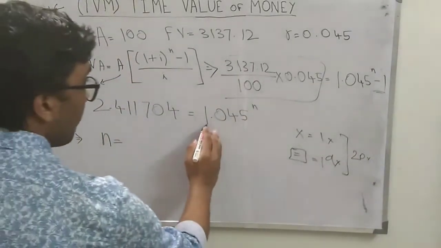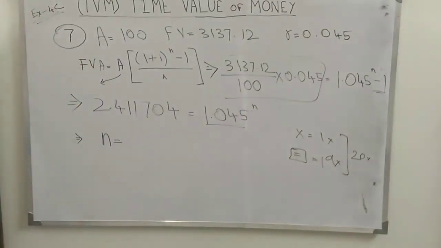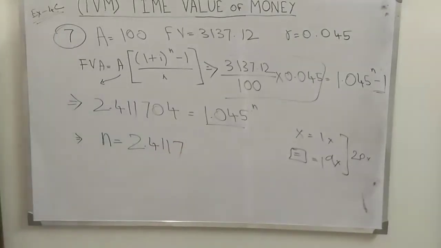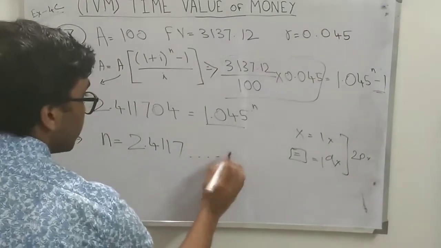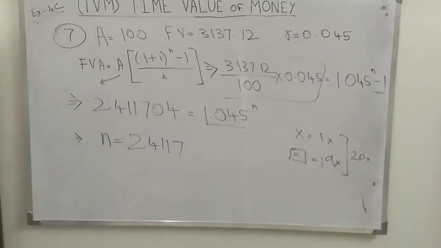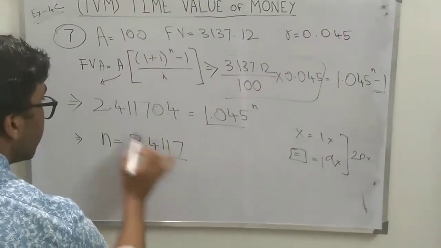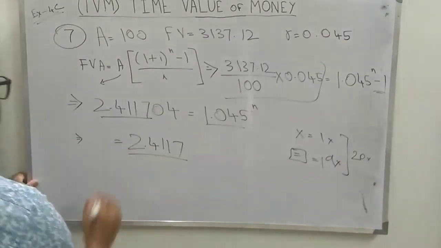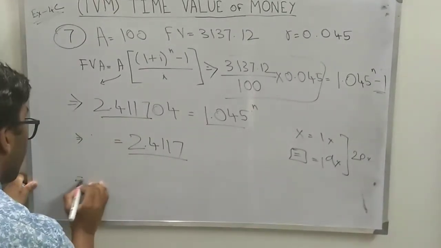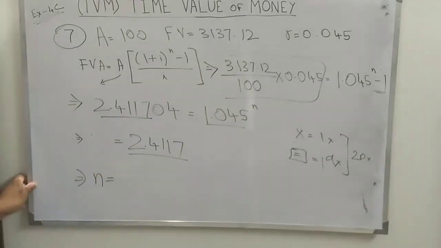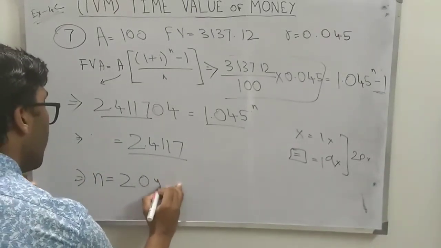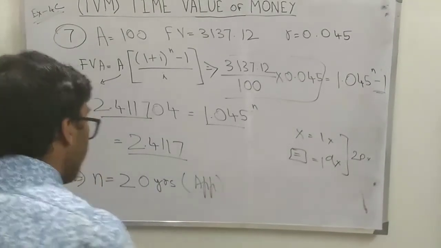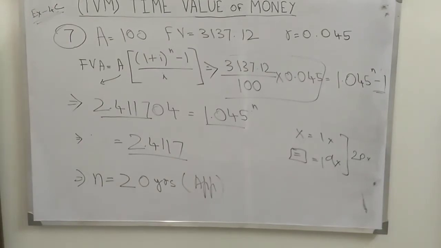That means if you take 1.045 to the power 20, the approximate value that comes is 2.4117, and many other decimals are there, we are not considering that. It's matching, that means n will be equal to 20 years approx. Option number B.